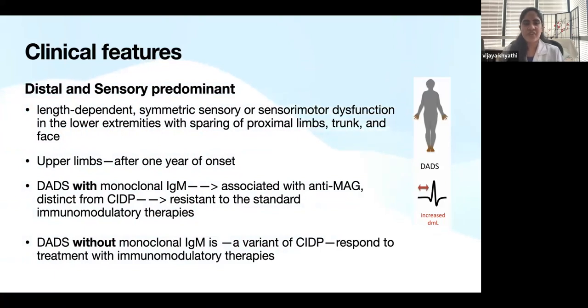If it is associated with monoclonal IgM, it is different from CIDP as it is resistant to standard immunomodulatory therapies. Distal sensory predominant without anti-MAG antibodies is a type of CIDP and it is responsive to the usual immunomodulatory therapies.